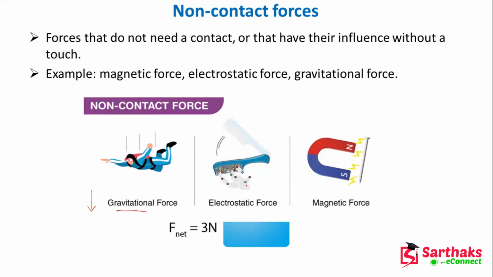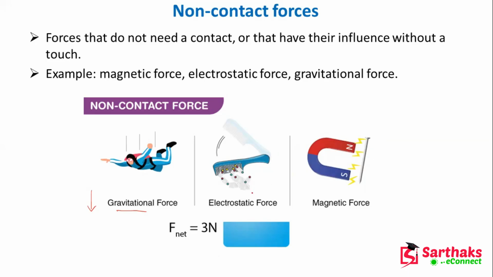That is the electrostatic force. And this one is the magnetic force. Whenever you keep a magnet in very close proximity to nails, which are made up of iron, you can see that it will attract the nail. That means it will attract the iron. Okay, so this is the magnetic force.